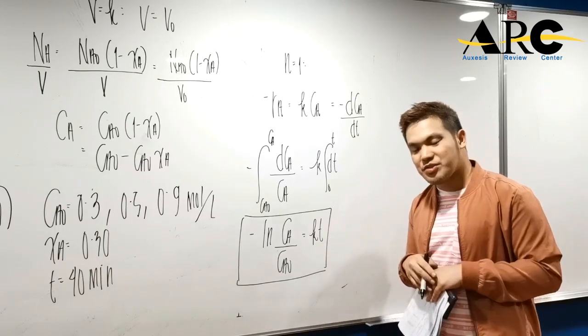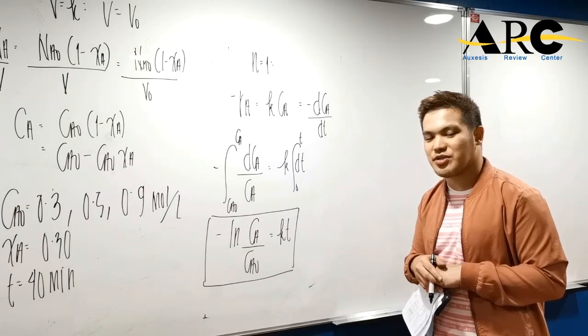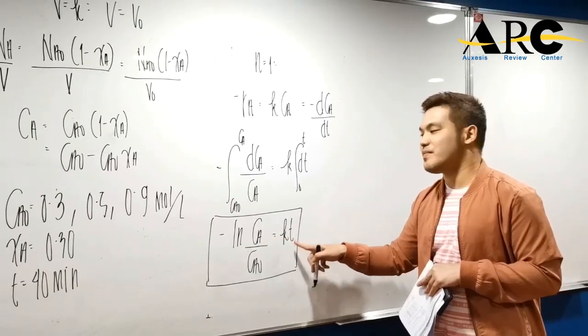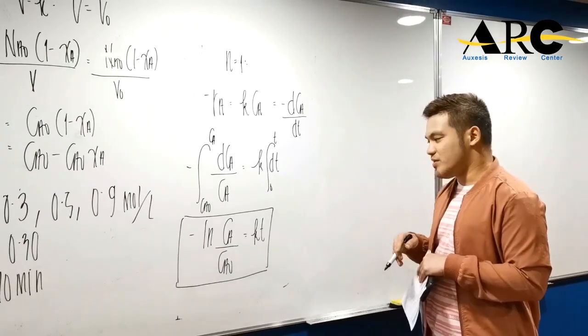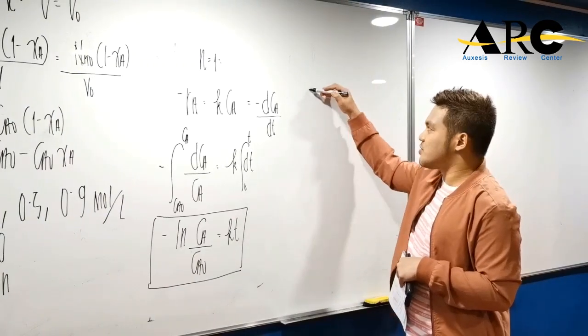So, how about relationship ng time sa conversion? Kasi sabi nga natin for batch reaction, nagbabago yung concentration natin with respect to time. I-express natin in terms of conversion, substitute lang natin.